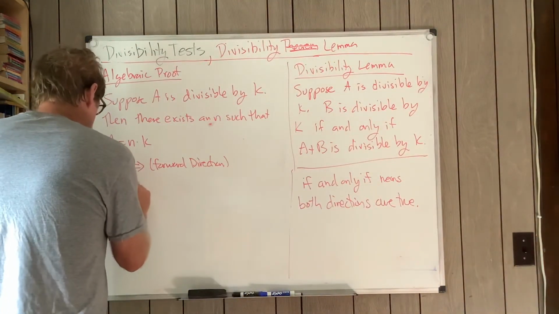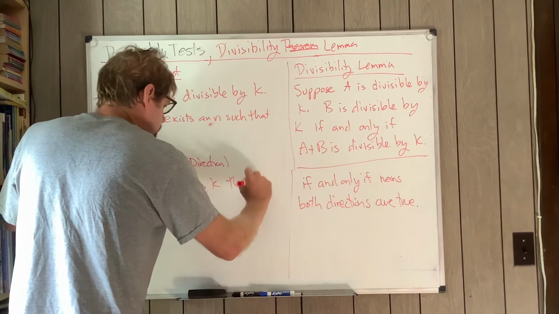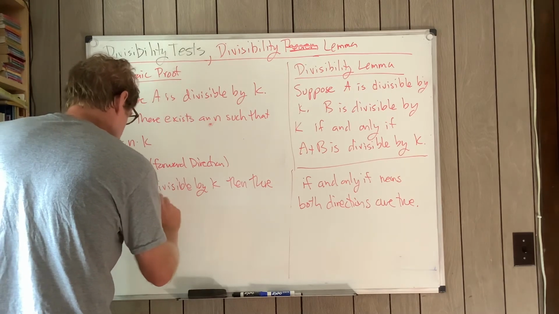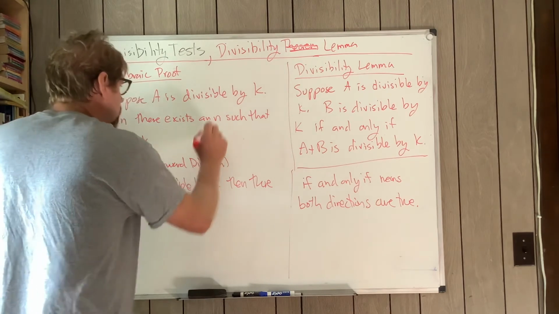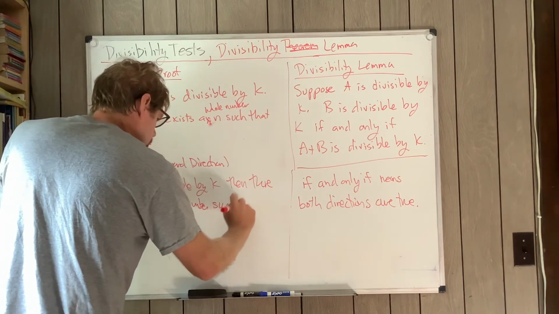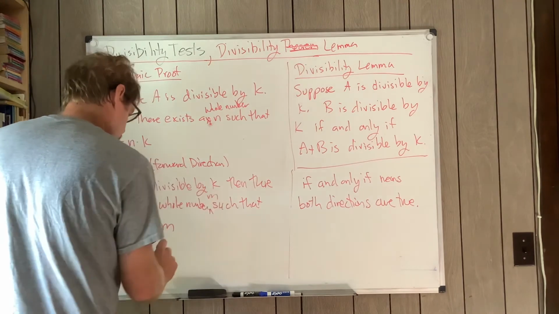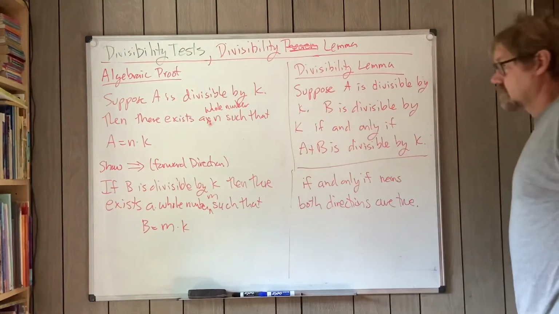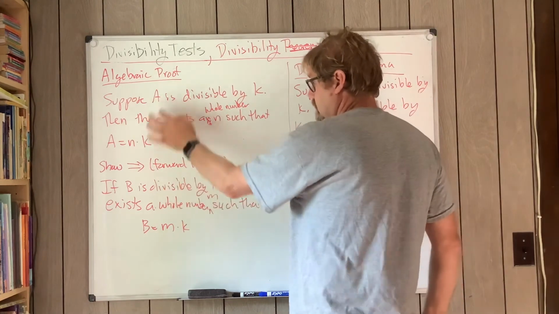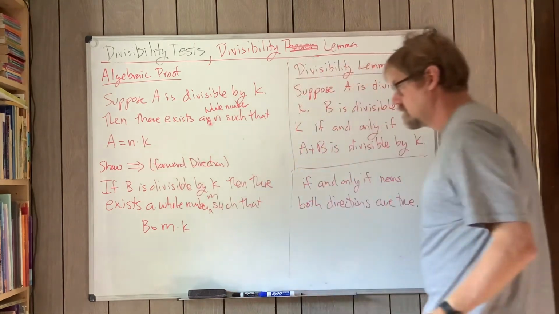So if B is divisible by K, then there exists, I should say, a whole number, such that B equals M, let's call this M, times K. So this is all we mean for both A and B being divisible by K. If A and B are different, then we need different whole numbers. So I'm going to call one N, I'm going to call one M.